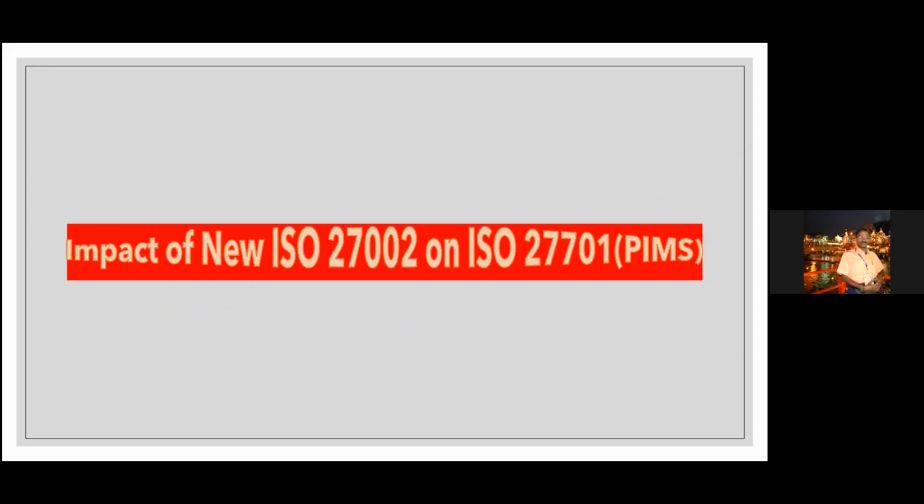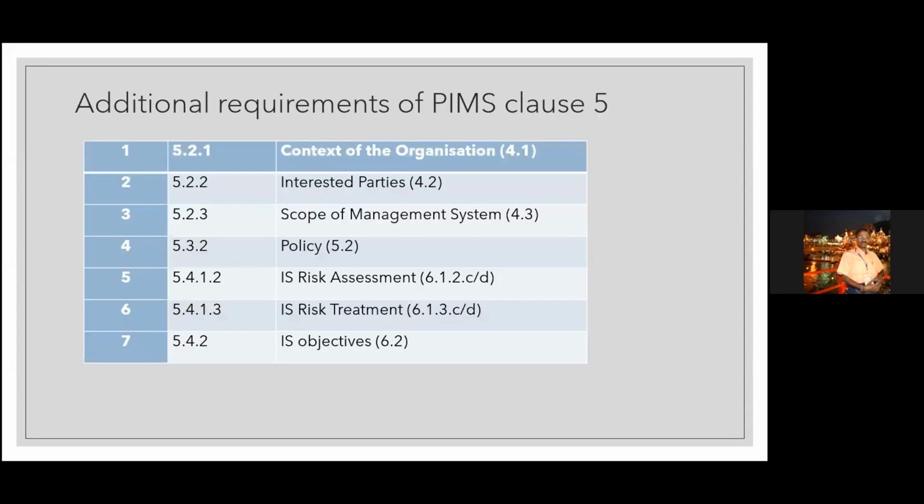Now, since I also have exposure to PIMS audit and implementation, I consider the 27701 standard, how it is going to have a relation with the new ISO 27002. When we see the ISO 27701 PIMS standard, there are seven areas where there is additional requirement with respect to privacy, private data, PII, personal information.